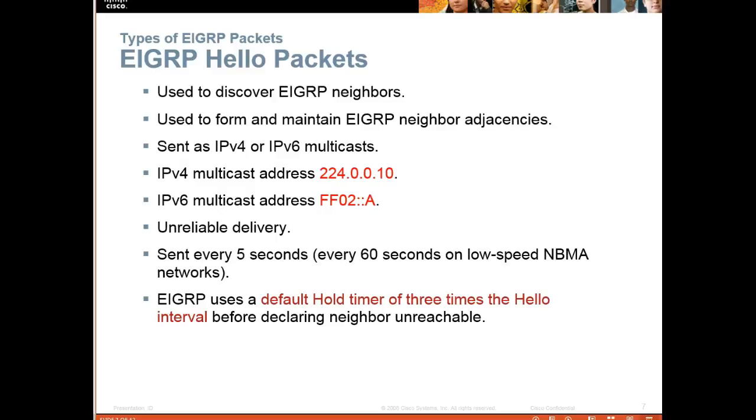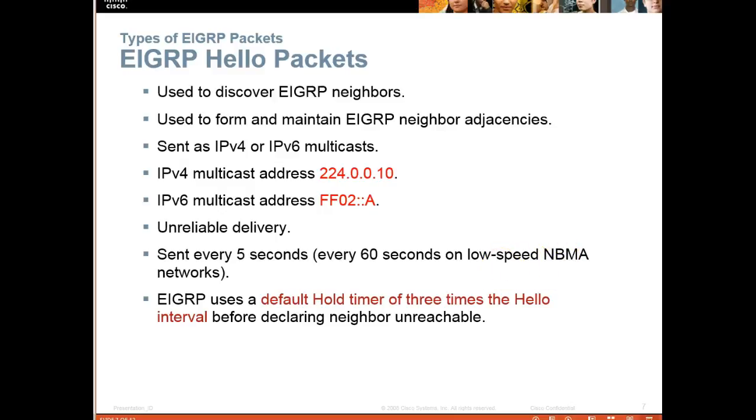So the hello packets are sent out multicast to different addresses for IPv4 and IPv6, as you can see. The hello packets maintain neighbor adjacencies. The neighbor relationship stays up, and they go every 5 seconds, unless it's 60 seconds for a slow, non-broadcast multi-access network.